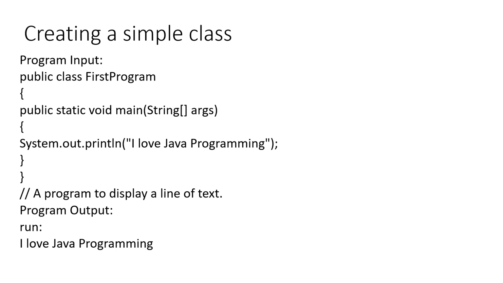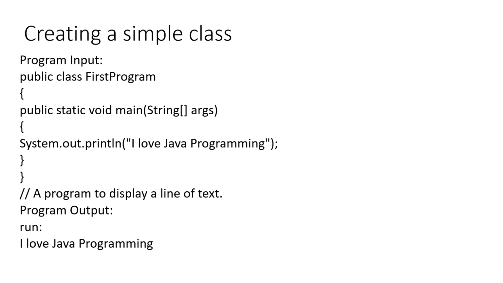Now, let's take the program line by line. Don't forget that the syntax for declaring a class is public class, then the class name. So for this simple class, we have public, then class, which is a reserved word, or keyword, in Java.